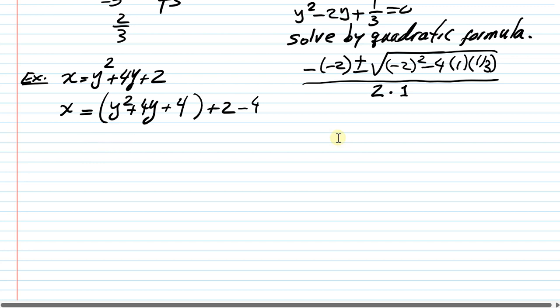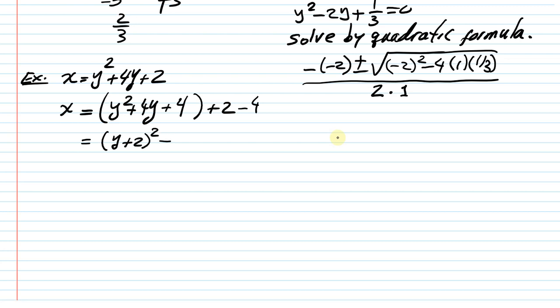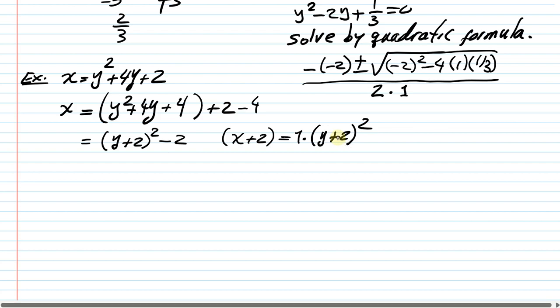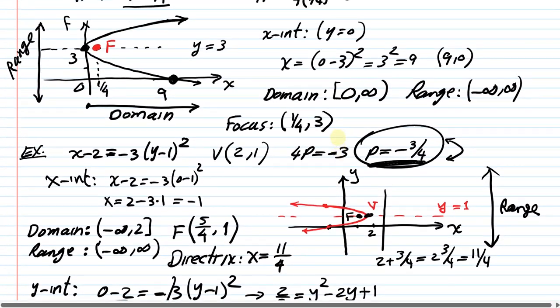Now, what's in parentheses is going to be a perfect square trinomial. Outside, we get negative 2. Move negative 2 to the other side. It becomes x plus 2 equals 1 times y plus 2 squared. And the reason I'm writing it like this is because we want to get it in the standard form, right?